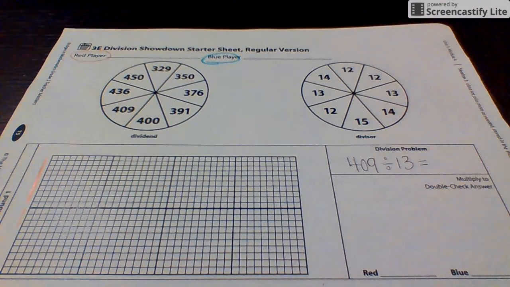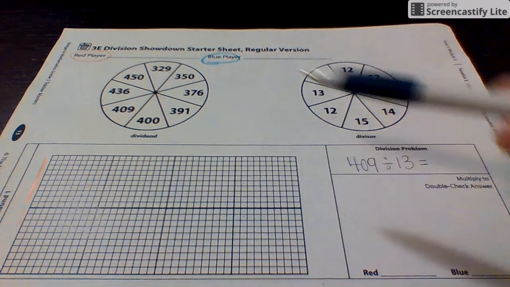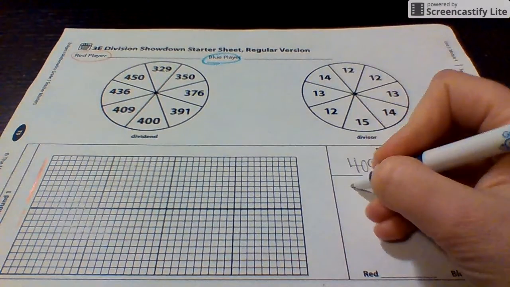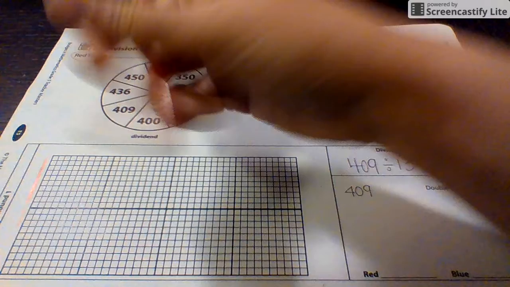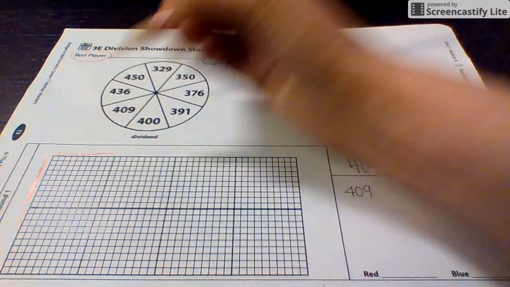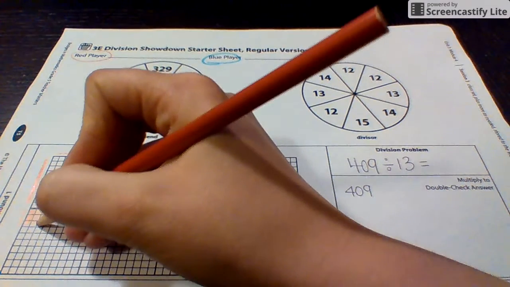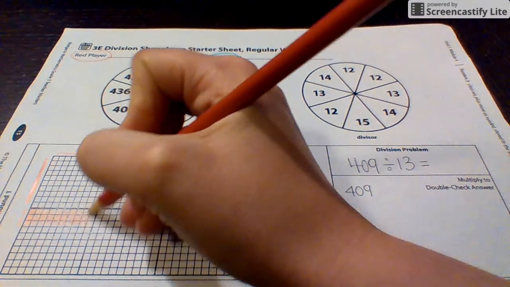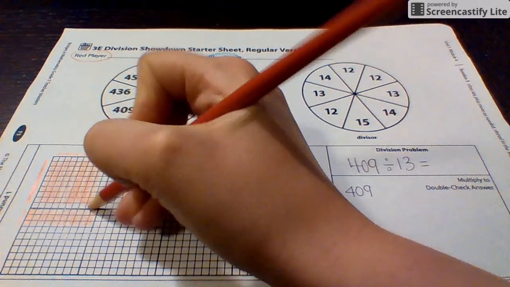So I'm going to start with doing multiples of 10 as my first red player. I have 409 and I'm going to do 10 times 13. So I draw my 10 bar up top and I'm going to color in times 13. So I have 130 as my first player.